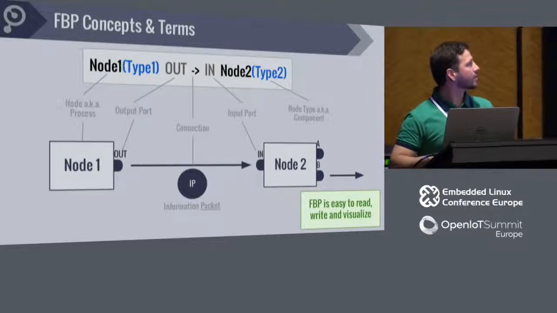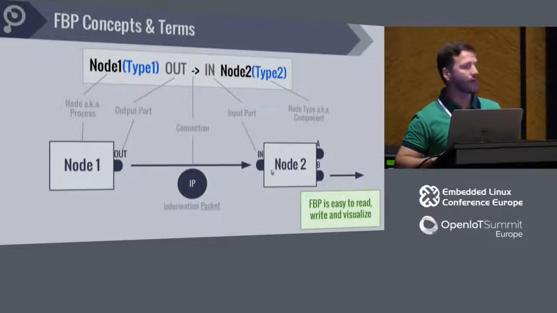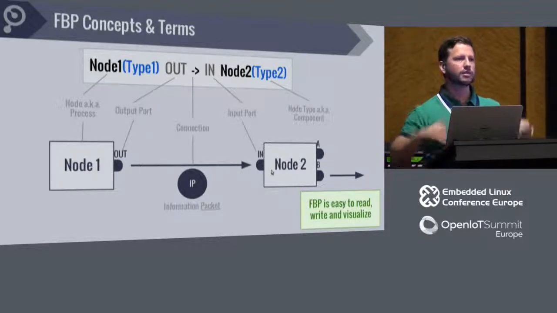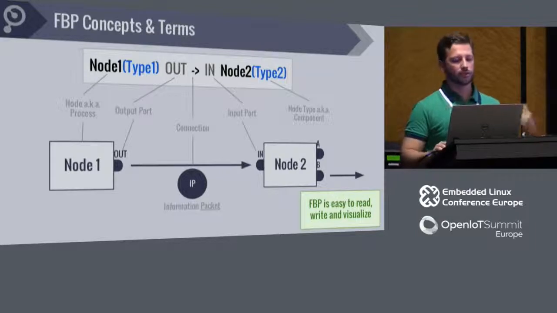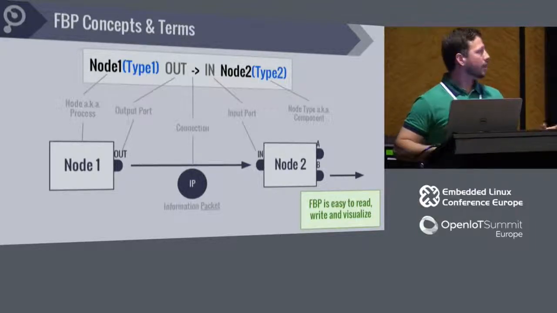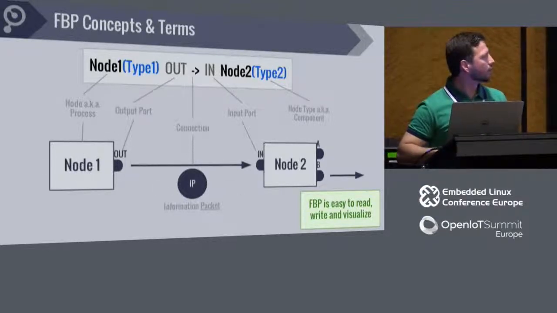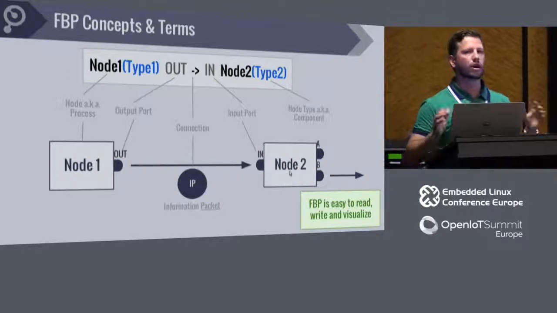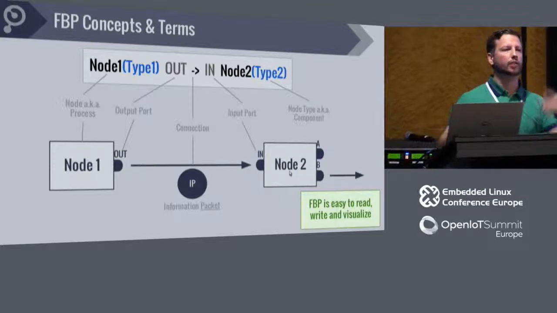So its text description is pretty close to the actual graphical description. It's even easy to convert, so it's very easy to read and to understand. Here, the focus is on the IP, the information packet, or just packet. You don't care what is inside node 1 or node 2. All that matters is that I expect an integer to come from that when it changes.